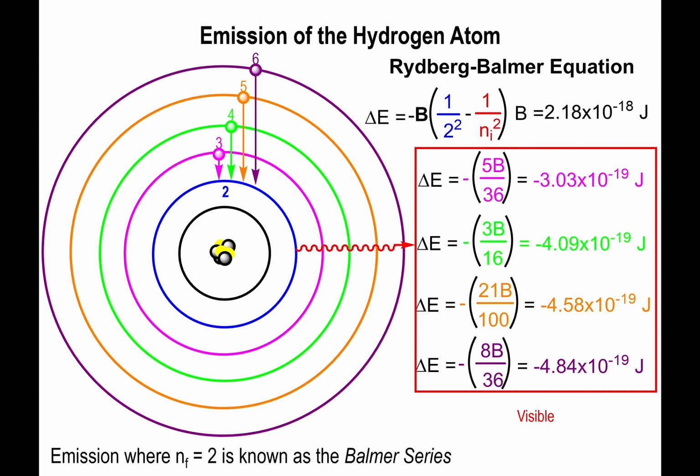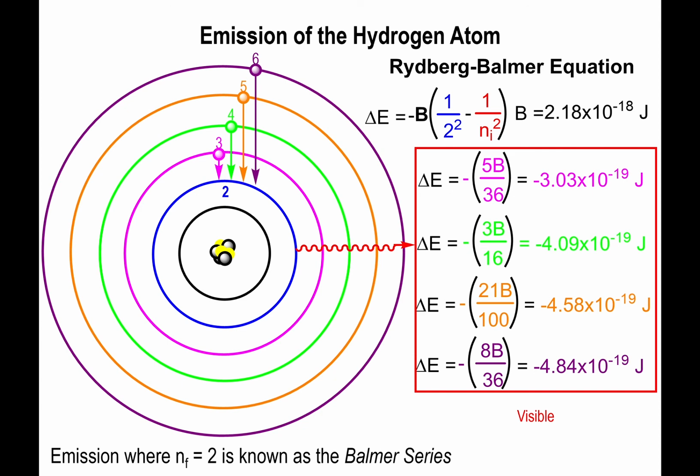All right, now the second thing I want to tell you in regards to this: for hydrogen, n initial could be any value higher than 2, but n final is going to be equal to 2 for you to produce visible light. And when n final is equal to 2, this is known as the Balmer series. So you may hear me say, or you may see in problems, a call for you to calculate the emission of light where n initial equals, whatever, it could be 7, within the Balmer series.